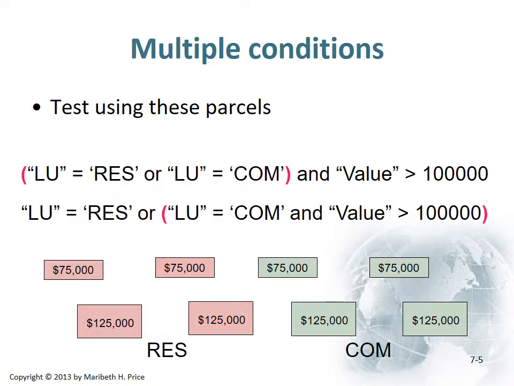So there's a very different outcome depending upon how you choose to group these things together with your order of operations, in this case using parentheses, to separate out two different conditions. In either case, the first or the second, you're getting very different results out of the same table.